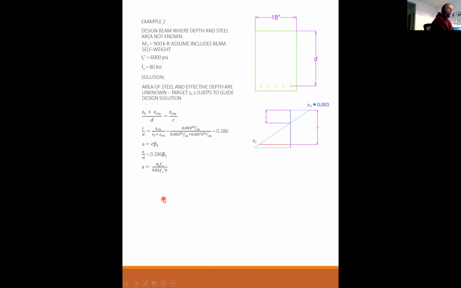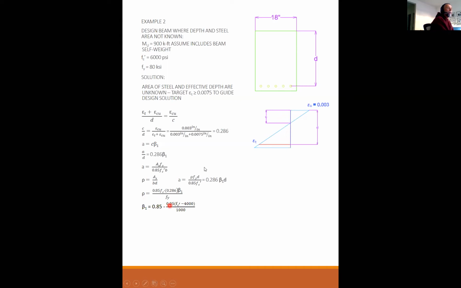This is from before. And rho is equal to As over bd. That's the definition of rho. And so then I can take rho, plug it back into here, and a is equal to rho Fy d over 0.85 f prime c, which is equal to 0.286 beta 1 d. So now I can express rho as a function of f prime c, Fy, and beta 1.